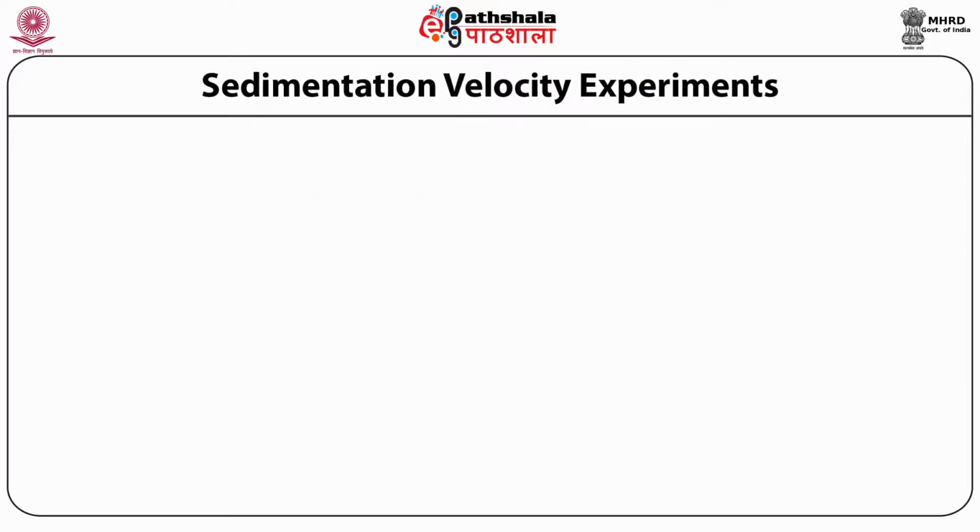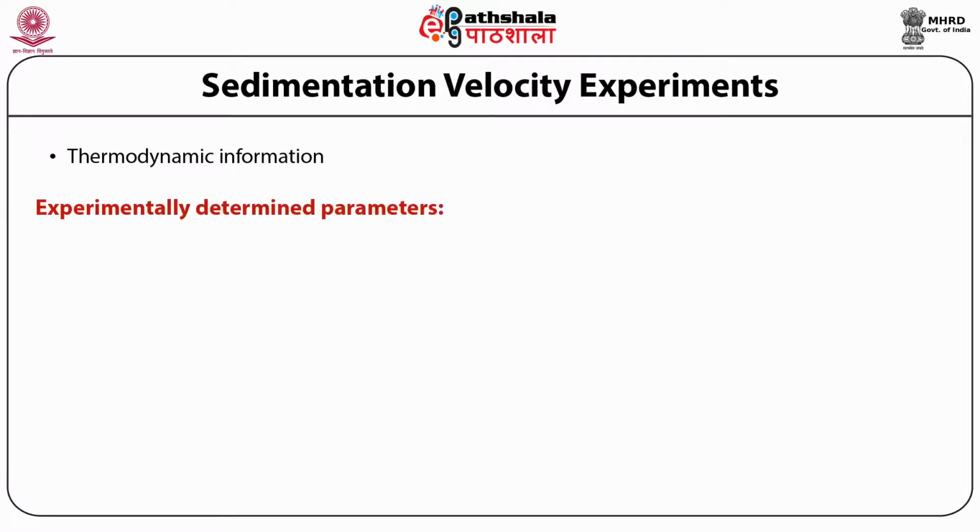Sedimentation equilibrium experiments are used for the measurement of thermodynamic properties of biological molecules, and they determine parameters such as molecular mass and solution assembly state, like monomer, dimer or oligomer formation.